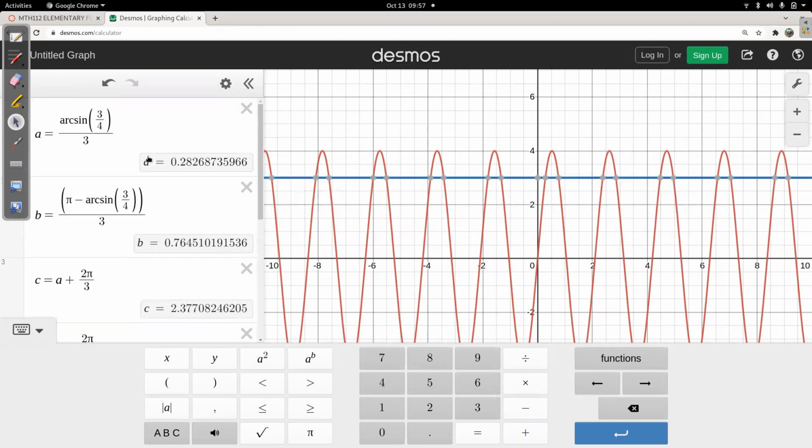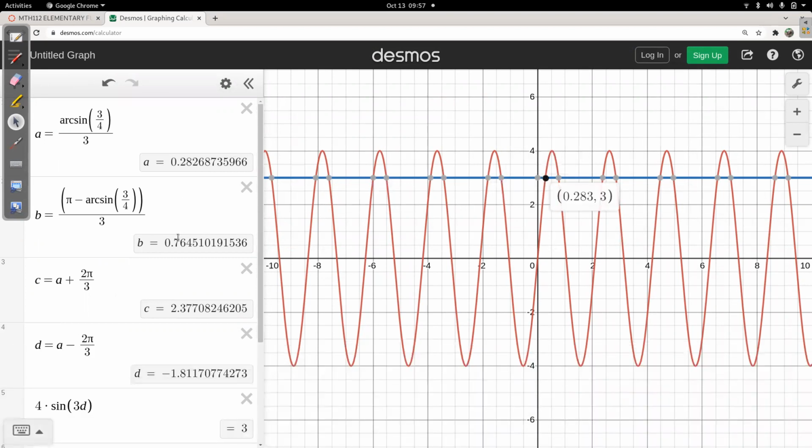So for example, my solution A here, the point 0.283, that should be this one. And my B, the point 0.765, that should be this one. And then I added a period, so the point 2.377, that should be the next one.